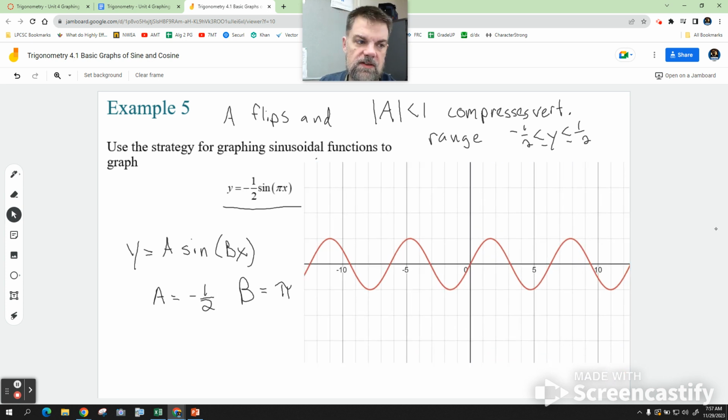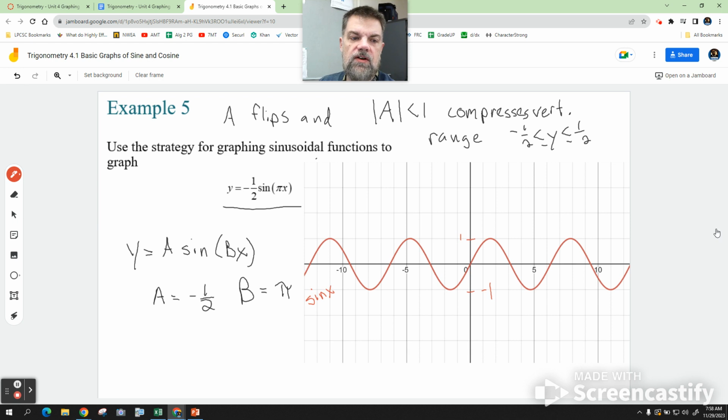Okay, so let's label that. This is 1 and this is negative 1, and the period is 2 pi.